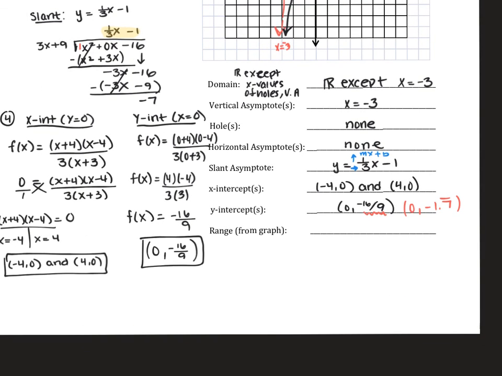So we can go ahead and just write all real numbers. And if you want to write down what the range would be, it would be all real numbers except y values of holes and any horizontal asymptotes, which I have neither, so it's just all real numbers.